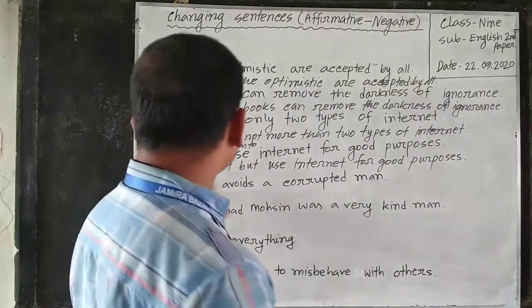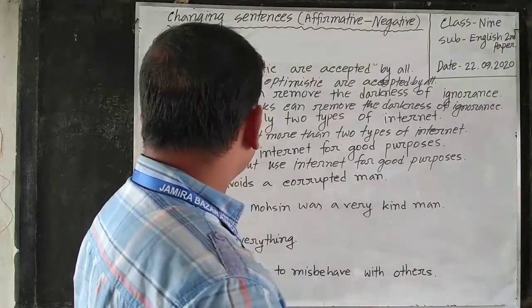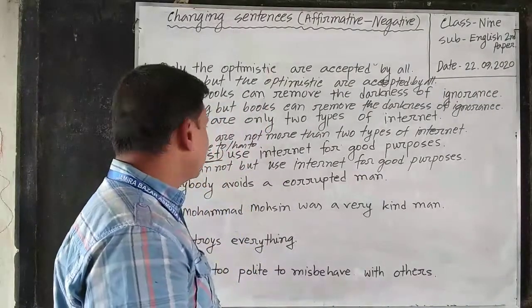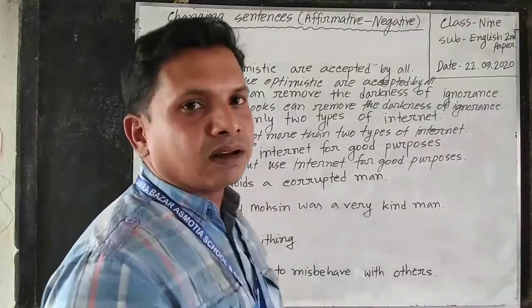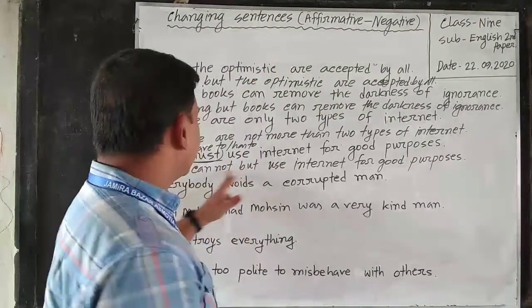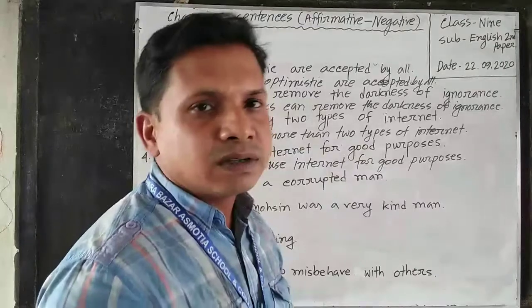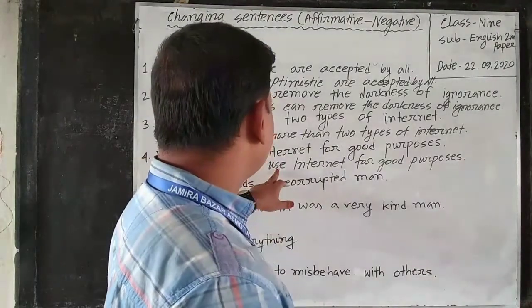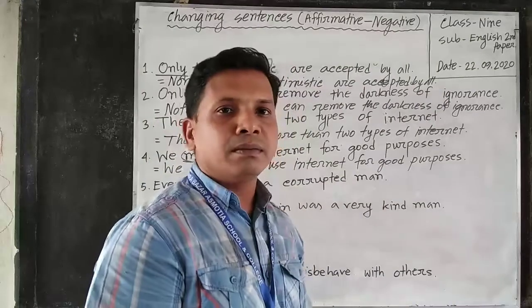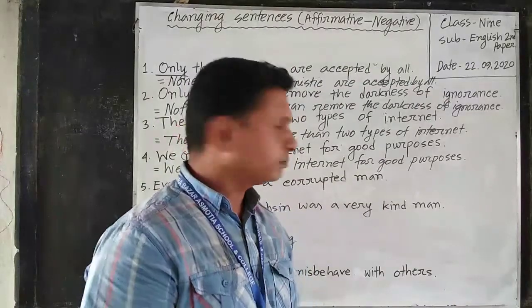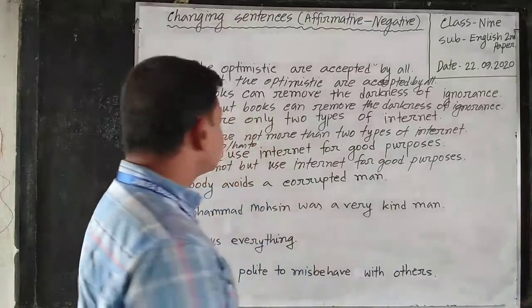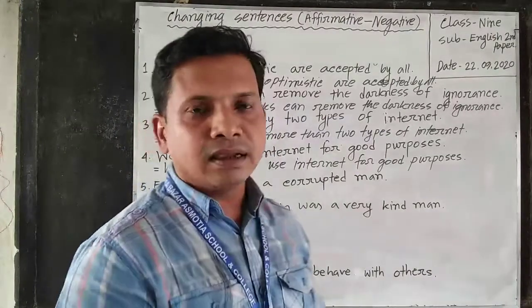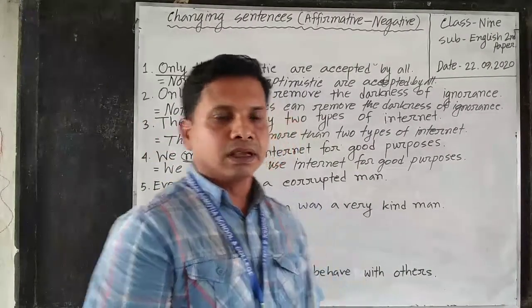So dear students, instead of have to or has to, we can also use cannot but. If we use cannot help, then we will have to add ing with the main verb. So dear students, I think you have got it.